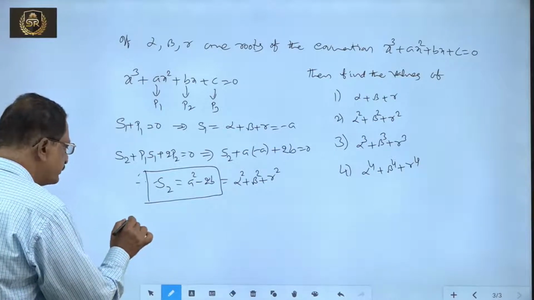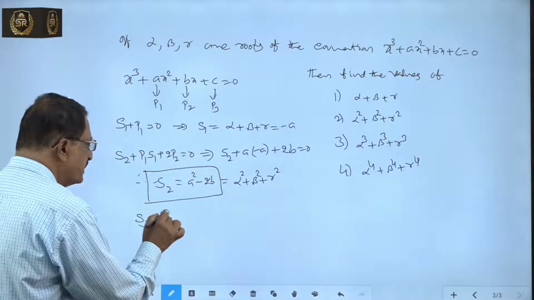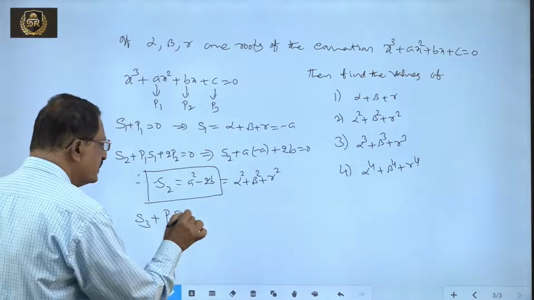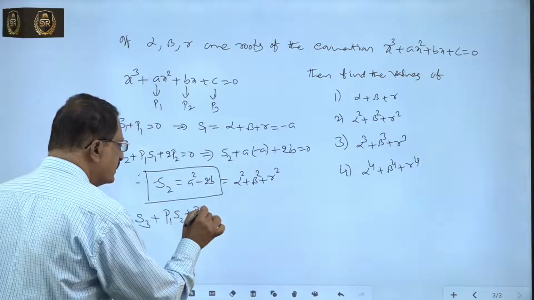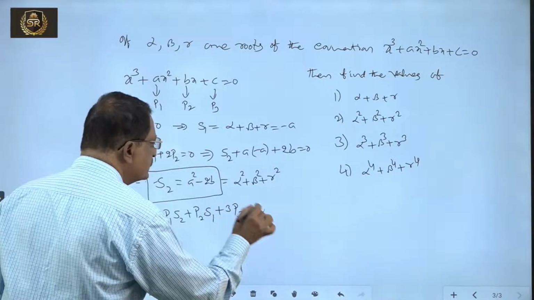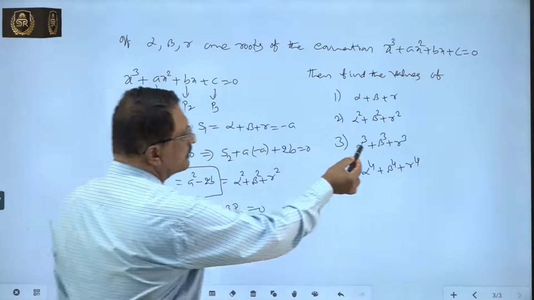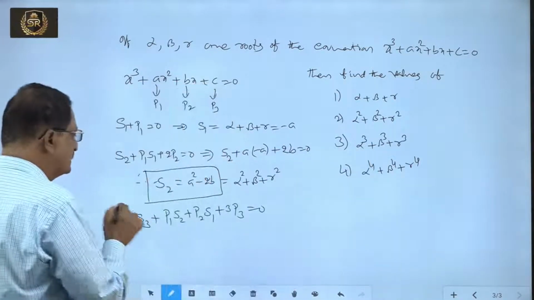Next, S3 plus P1 S2 plus P2 S1 plus 3P3 equals 0. From this equation we get alpha cube plus beta cube plus gamma cube, or S3.